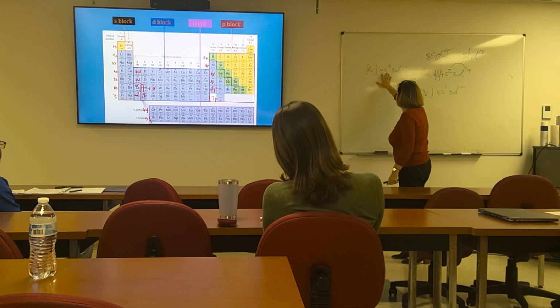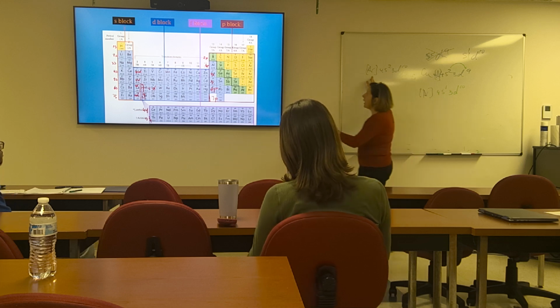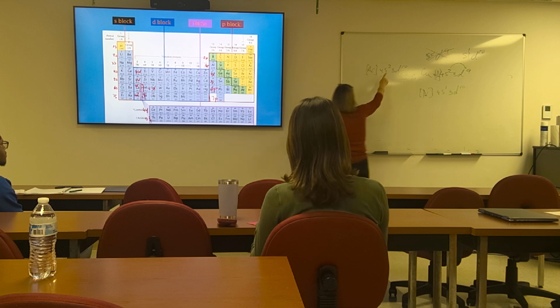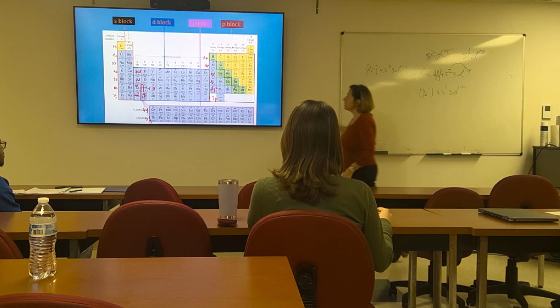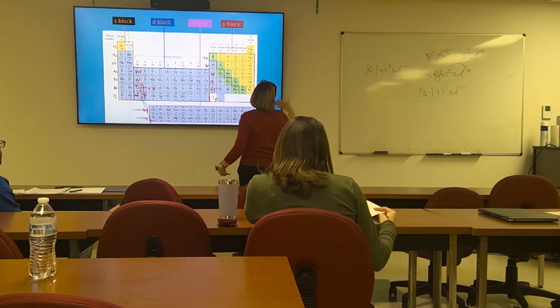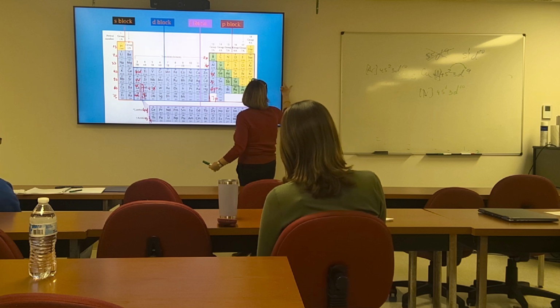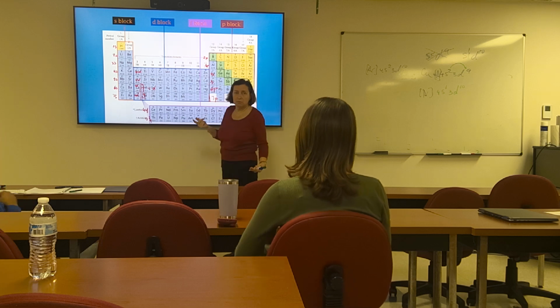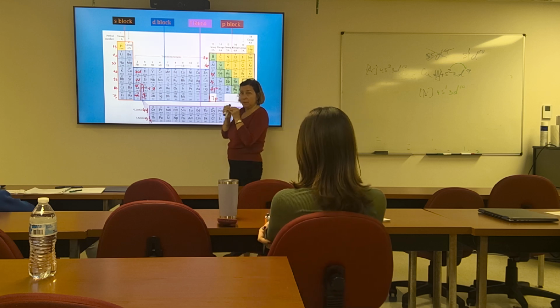So here, because you have s2 and d10, you can do the math on the electrons. Argon has 18, plus 2 plus 10 is 30. 30 is zinc. So you can do the math on the electrons if you're not sure how to handle this.